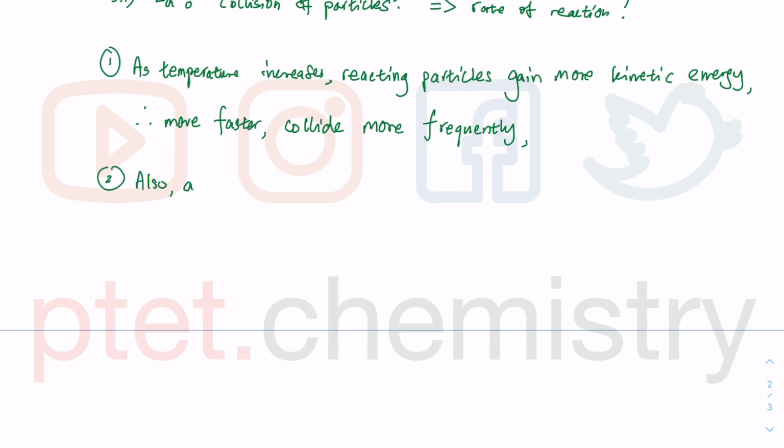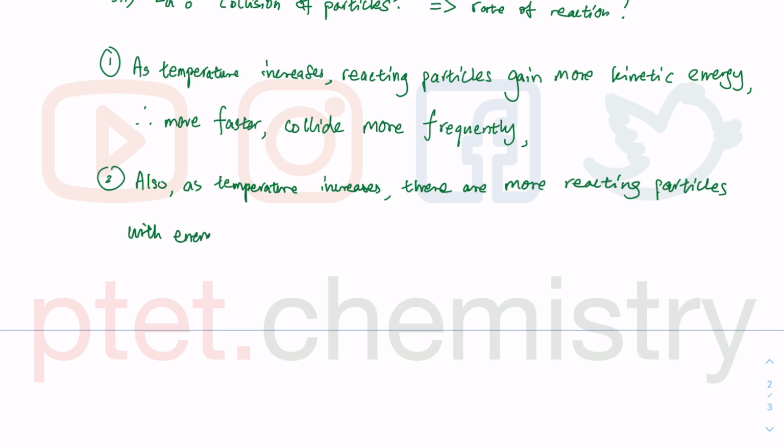So also, as temperature increases, I don't want to go directly because they ask us to explain. So there are more reacting particles with energy greater than or equal to the activation energy.